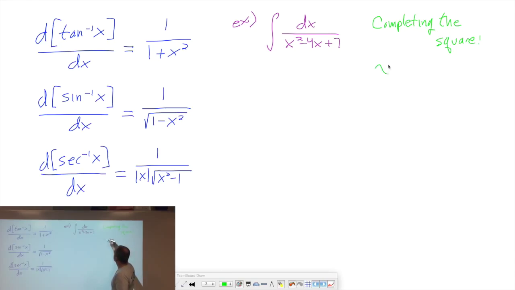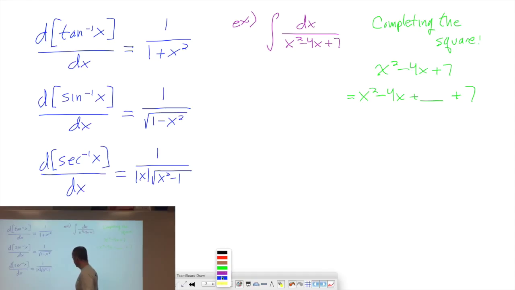So we're looking at x squared minus 4x plus 7. And what we would like to do is put a number here in between the minus 4x and the 7 that completes the square. What does that mean? Well, completing the square means following this pattern.